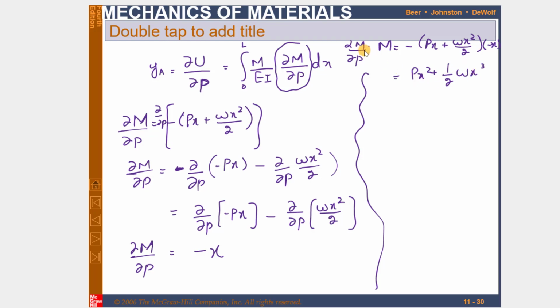Clear? So this term, M into partial M over partial P, is this value.